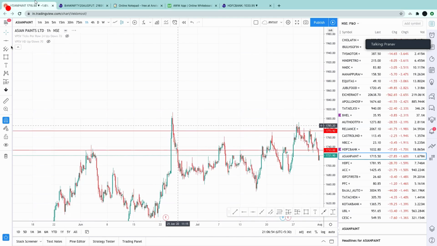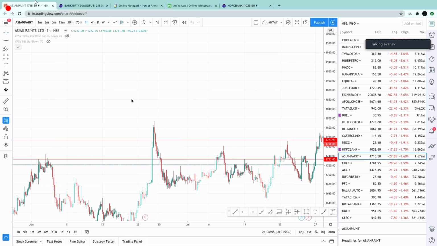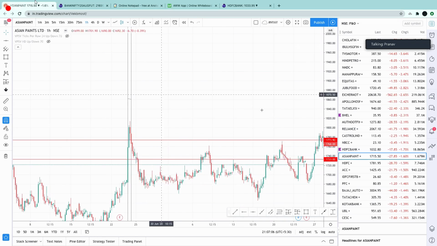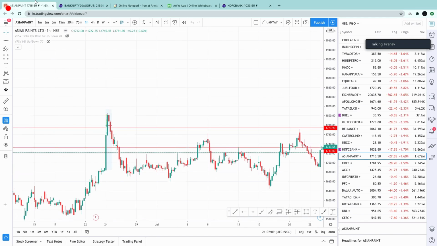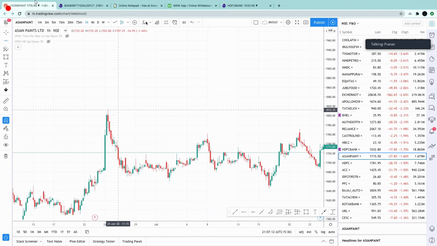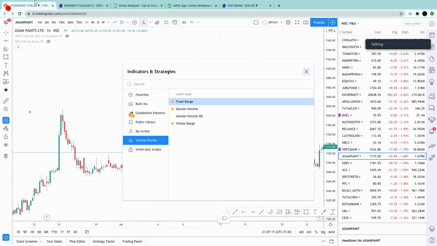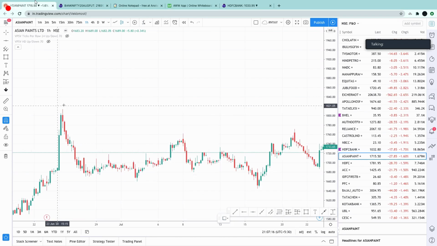So if I apply my fixed range volume profile over here, you will see right here. If I zoom in, this says most volume was transacted about here.